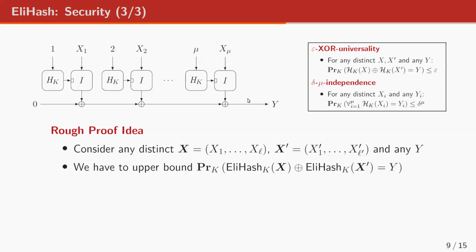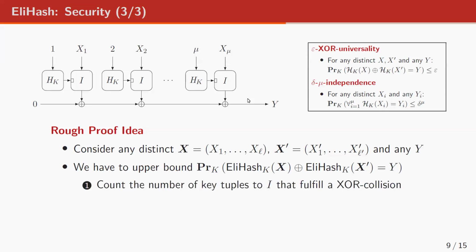The first step is to simply count the number of key tuples into I for which this equation holds. Because the x values are given and y is given, we can just sum over all possible key inputs to all values I, which are key tuples, for which this XOR collision works.